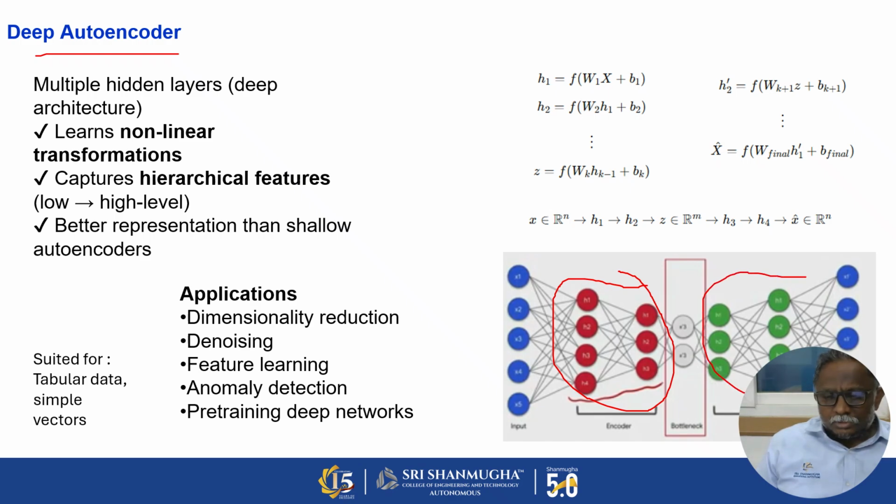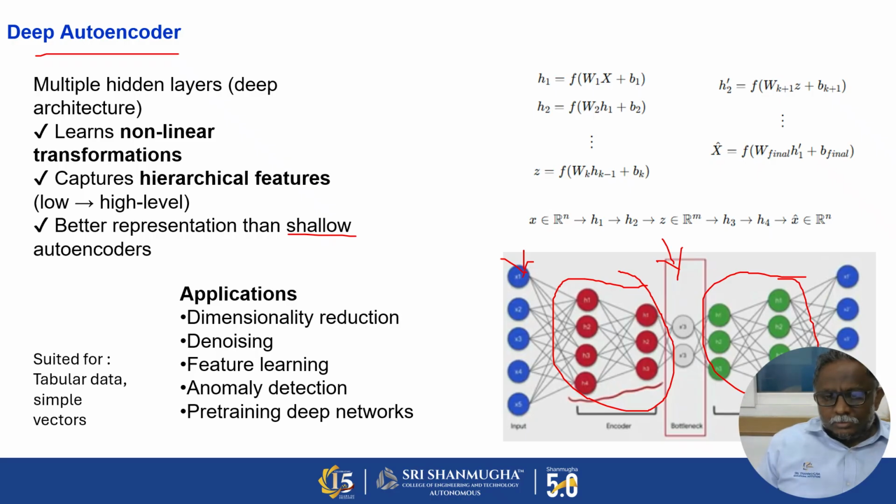Here also you can see multiple hidden layers between the input and the latent space representation, or bottleneck. So it learns the nonlinear transformation. It captures the high level features, starting from the low level to high, and it can represent better than the shallow one because shallow uses only one hidden layer.